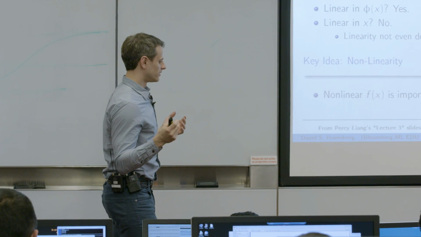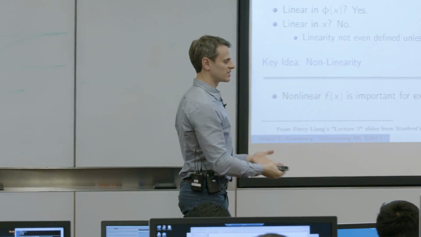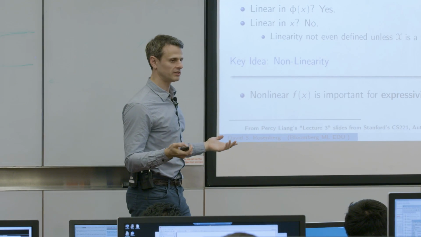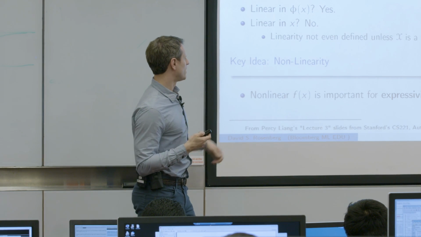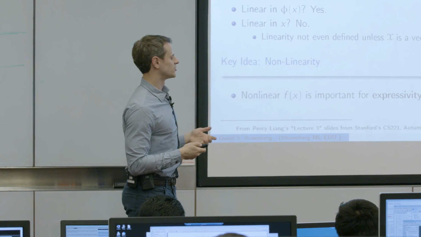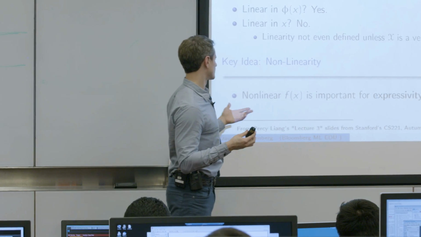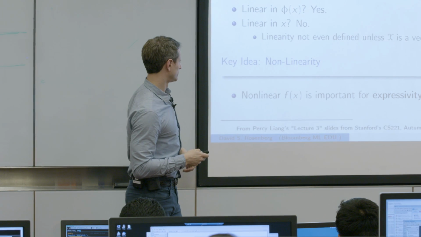So linear functions are only so expressive, so complicated a function you can produce with the linear dependence on phi of x for fixed phi, for instance. And so by going nonlinear, you can have much more complicated expressions in terms of the original x with nonlinear features.